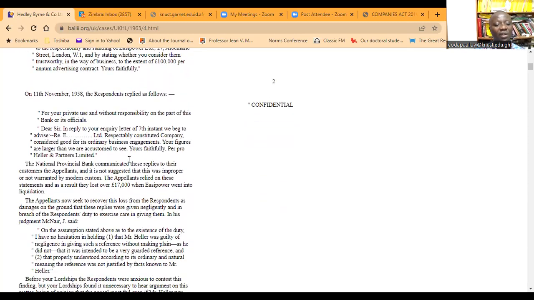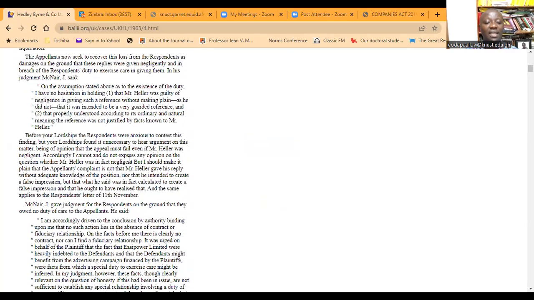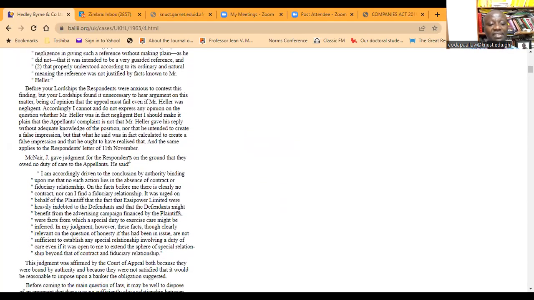Then to go on and on, there were subsequent exchanges. But in one of the communications, they put in a statement that they do not accept liability, what they call a disclaimer, right?